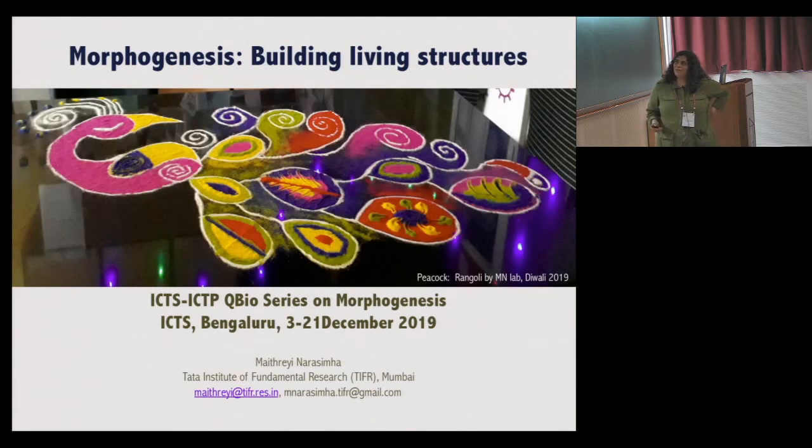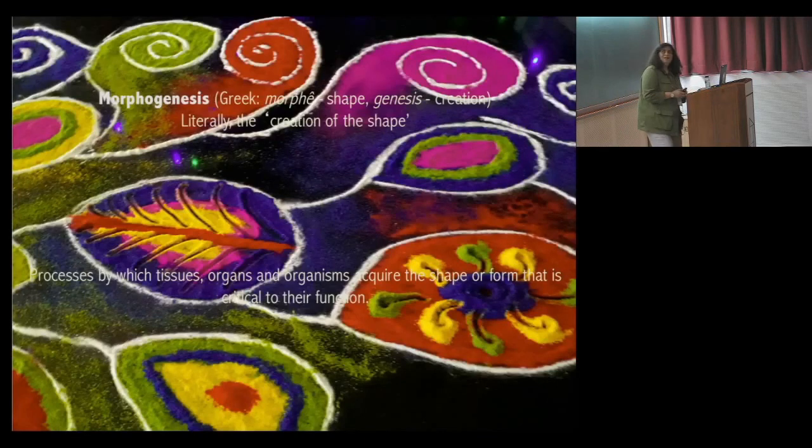And so really what this to me nicely reflects is the diversity of patterns that we see in living systems. And what we will try and look at during the course of these lectures is to understand how you build living structures. And this is really what morphogenesis is all about. How do you build those patterns?